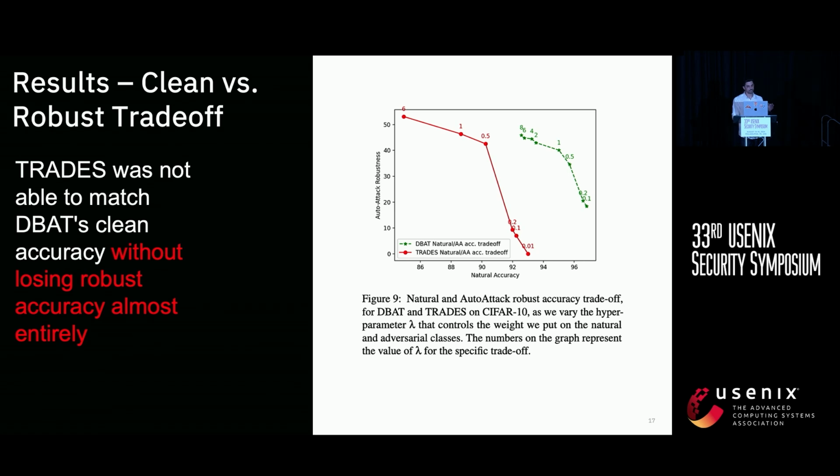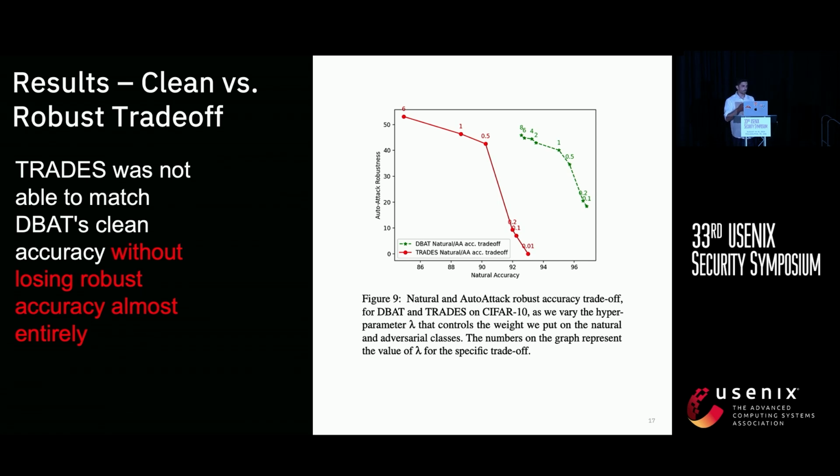We have a lot more experiments in the paper, but here I wanted to show the final experiment that we did. It's mainly regarding a question that I asked myself during the research: can other methods reach DBAT's natural accuracy by shifting the trade-off between natural and robust accuracy?